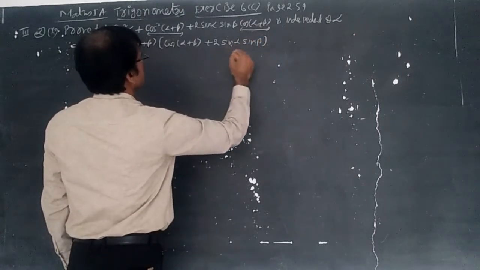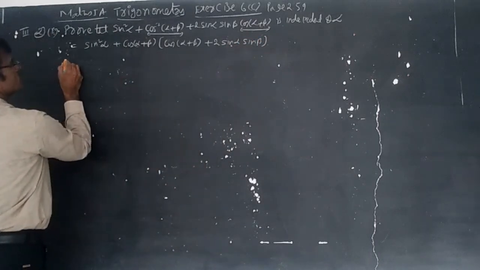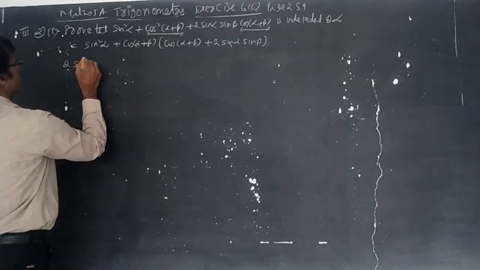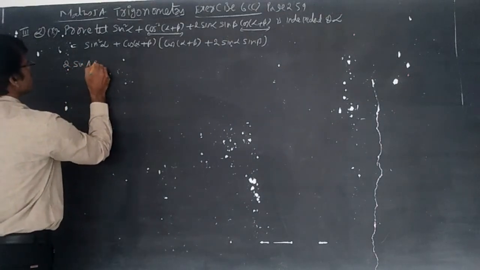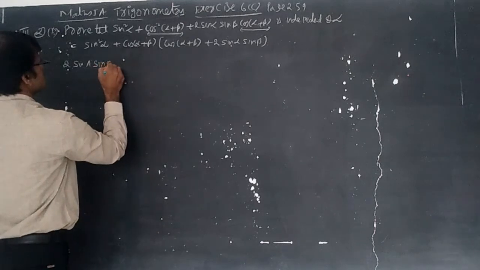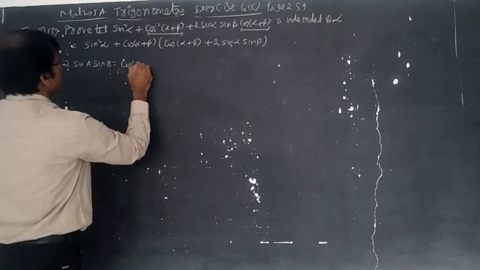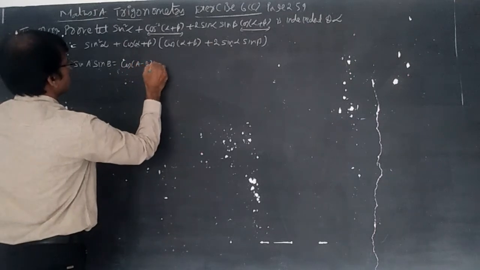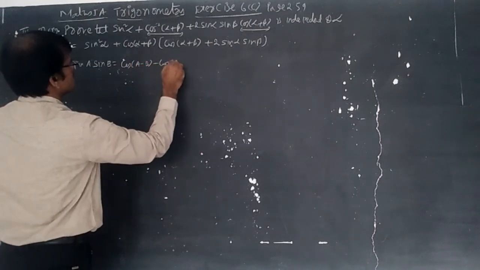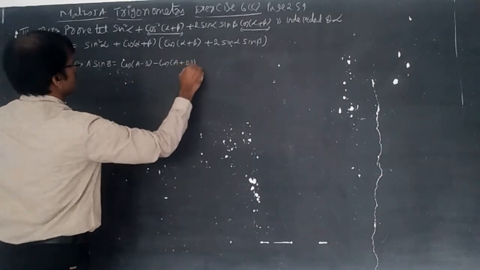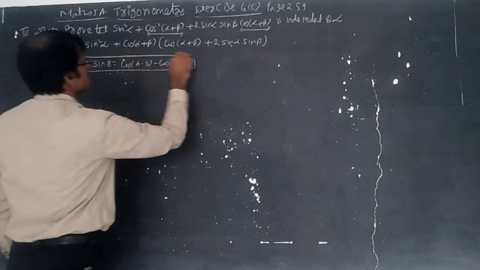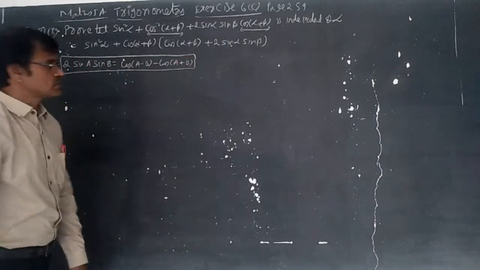You remember the formula 2 sin A sin B, I said in the transformations today: 2 sin A sin B formula is cos of A minus B minus cos of A plus B.